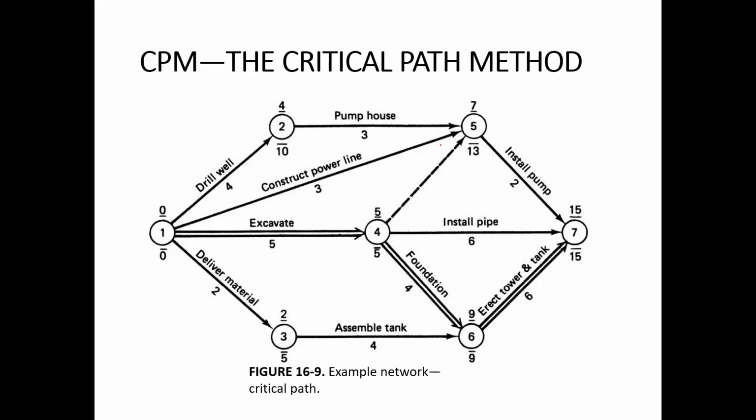Professor, I cannot understand. In the 7th event, why is the EET 15? Isn't it 11, like after the excavate and install pipe? Look, we should take the highest of the 3 values.